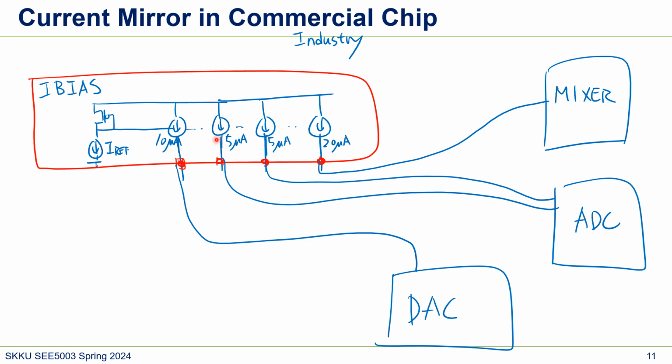So the current bias are all in the same area. The point that I want to say is we cannot put the current source far away. We might think, oh, we can just take this voltage to here, and then here's the voltage.